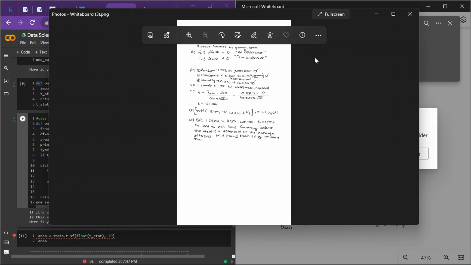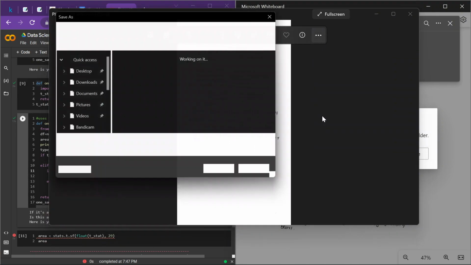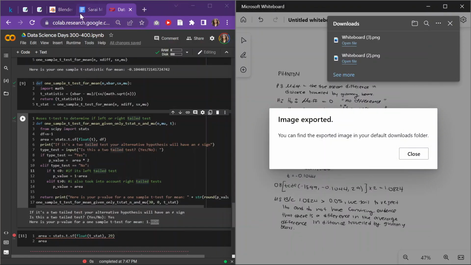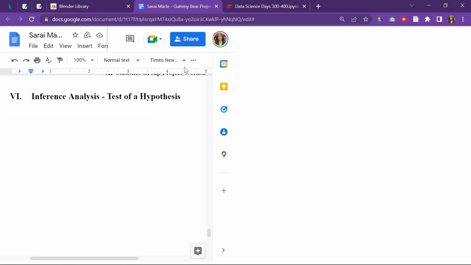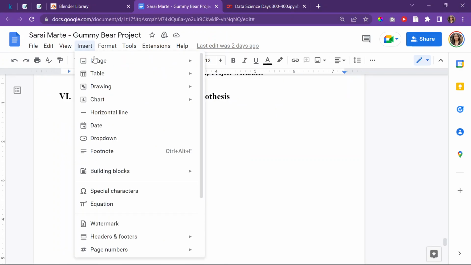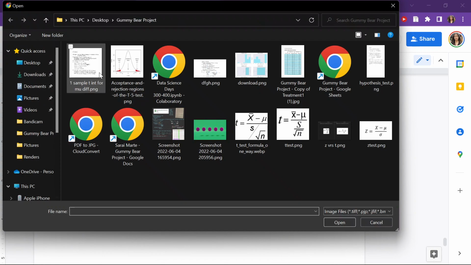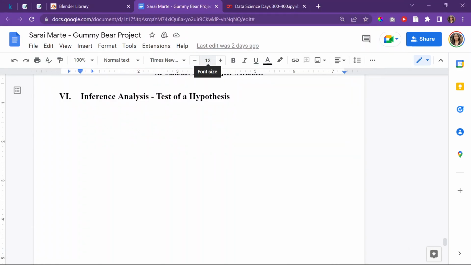And then I'll do Control S, and I'll save it as hypotheses test here. And then I'll go to my doc, and then I'll do insert image, upload from computer, and I'm gonna try to find it. Hypotheses test.